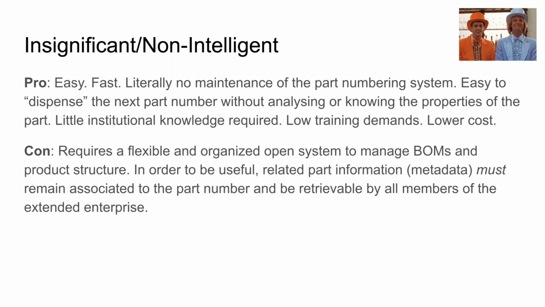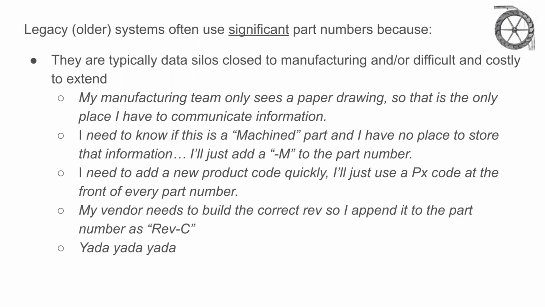Information that we used to embed in that part number now is stored separately, and there must be some way to associate it and then retrieve it when needed, so that from the engineer down to the people that are manufacturing it and eventually onto who's shipping it out the door, they need to have access to this system so they can understand all the data. So in a nutshell, that kind of balances the two competing interests of those two systems.